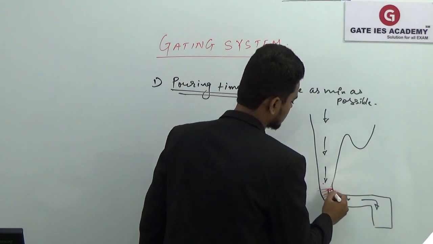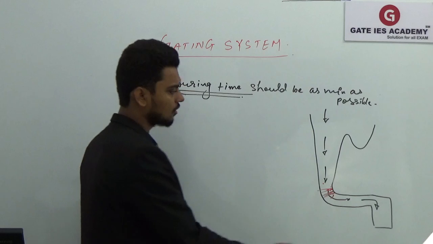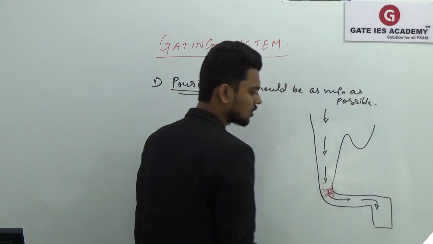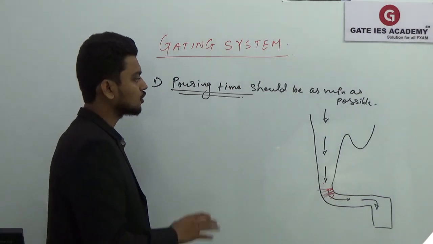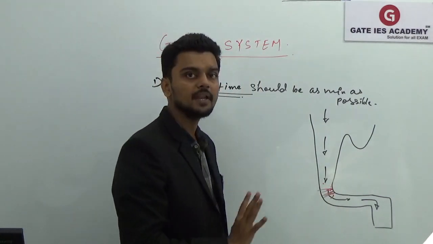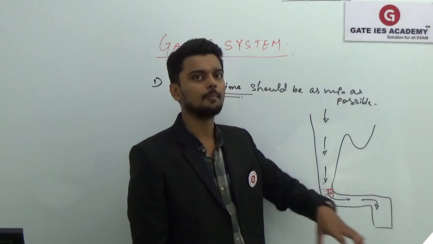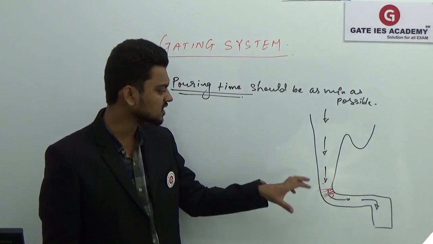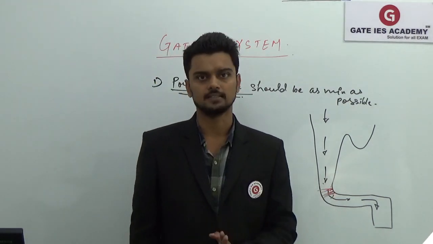Say here it has been solidified. That means obviously your cavity will not get completely filled. So in order to avoid that, the pouring time should be minimum so that your cavity gets completely filled. Your molten metal should not solidify in the passage.